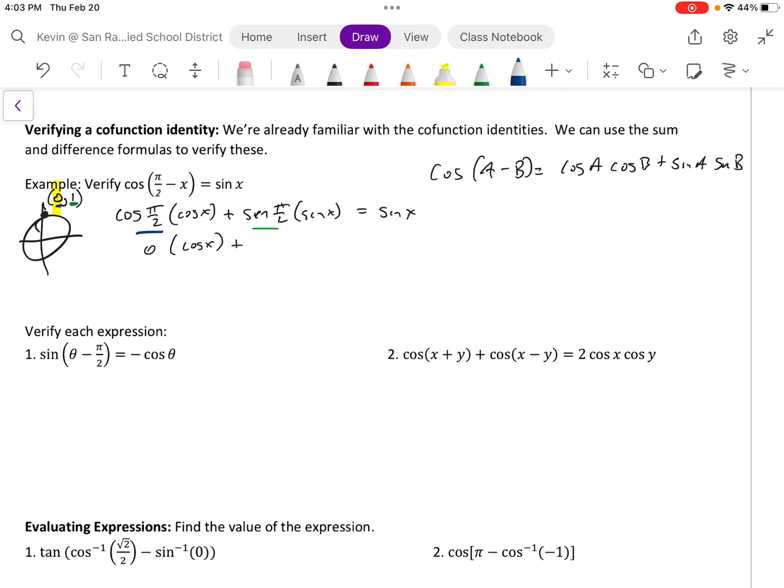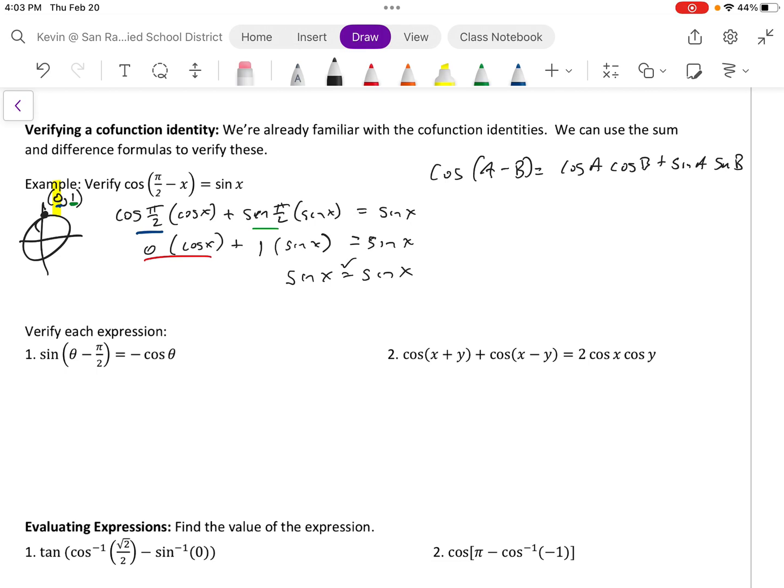Cosine of pi over 2 is 0. Sine of pi over 2 is 1, so this is going to be 1 times the sine of x equals sine of x. All right? So 0 times cosine, 0 times anything, it's done. 1 times sine, so this equals sine x equals sine x.